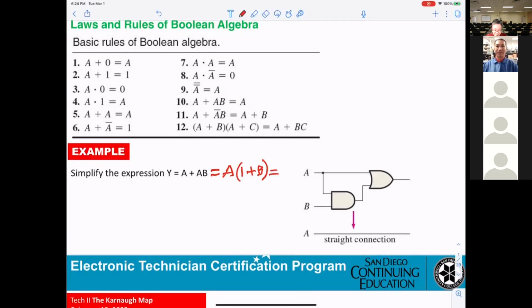That is using the Boolean. You can see right here: A or AB equal A. So 1 or B, 1. 1 times A, and A will be A. So basically, on this equation, you just connect Y to A. You don't have to build with the two gates.